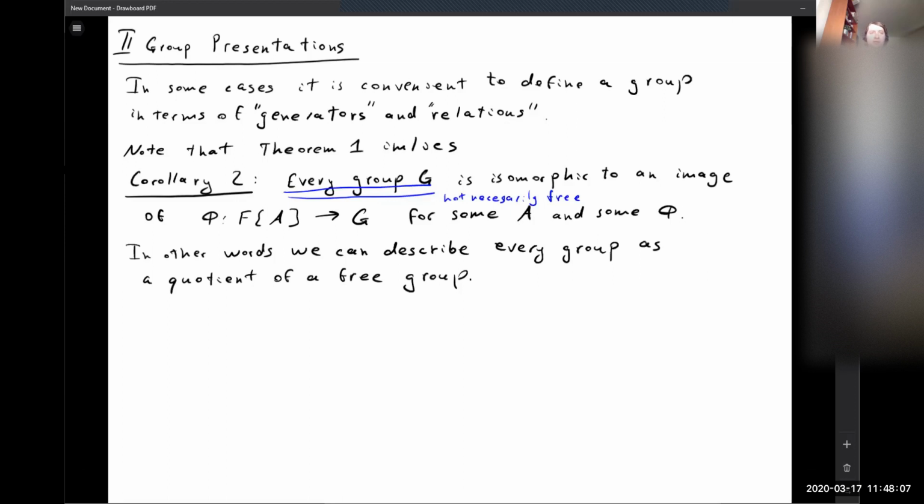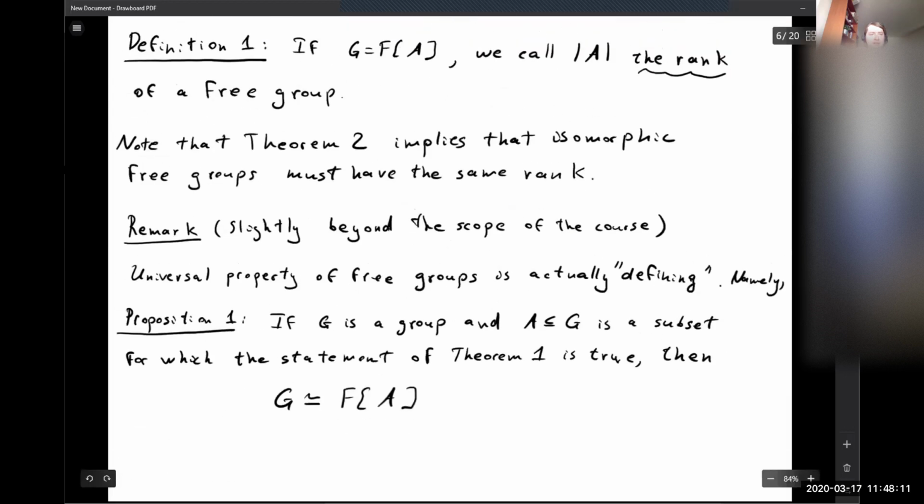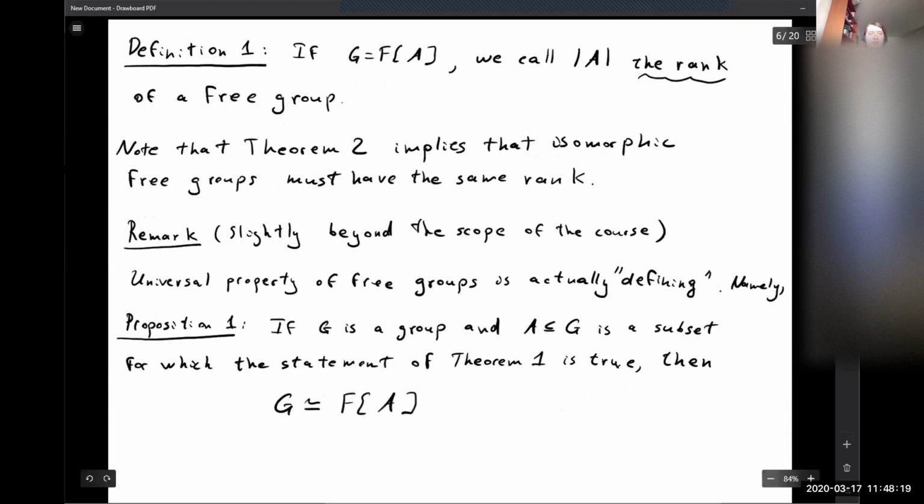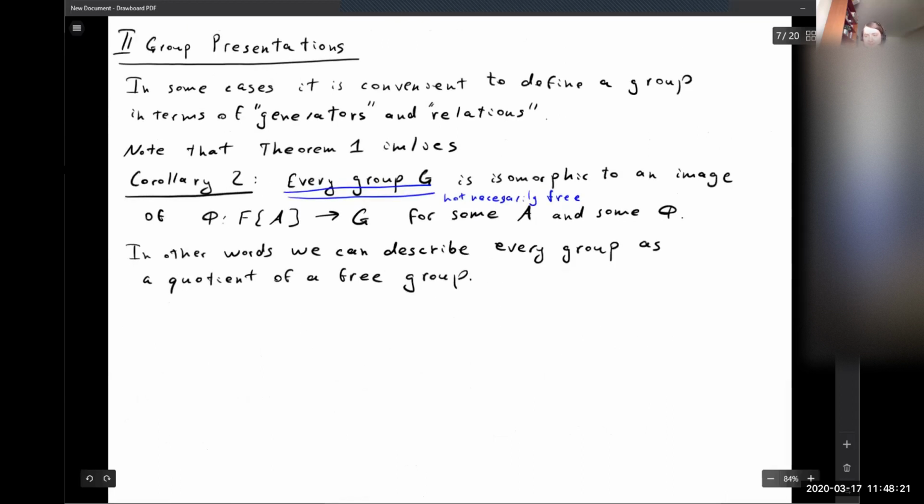Thank you. Before, in theorem 2, we talked about isomorphisms between free groups. Right now we don't assume that G is free anymore. Free groups are a very simple and particular example of a group.